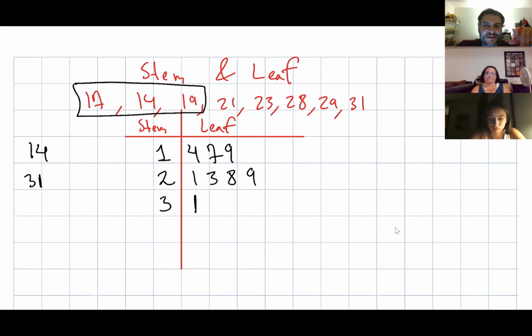Okay. So say for this stem and leaf plot, what type of distribution would you say it had? Is it skewed to the left, skewed to the right, or symmetric?